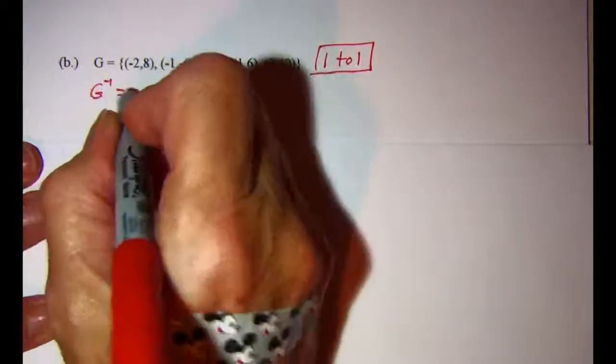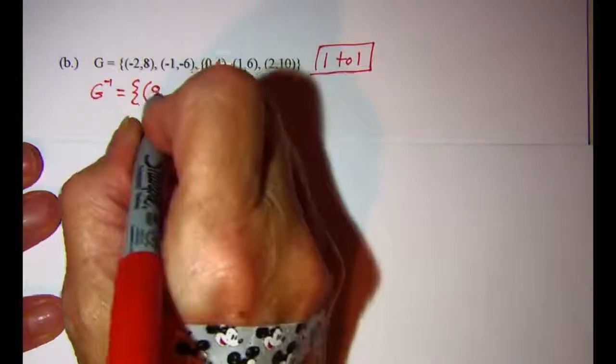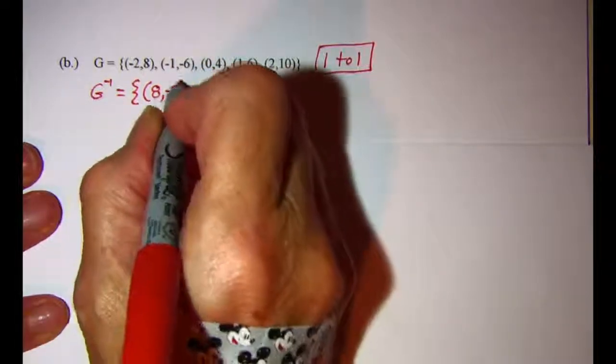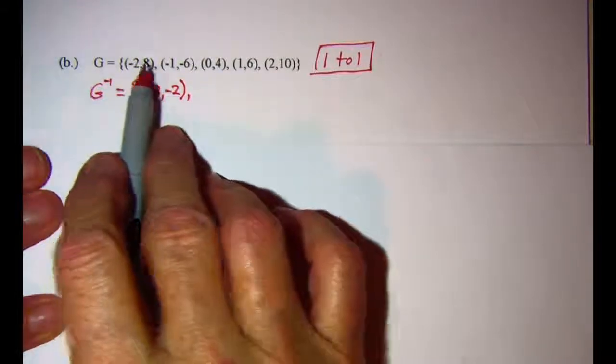So G inverse is going to be the set 8, -2. Remember, all you're doing is interchanging x and y.